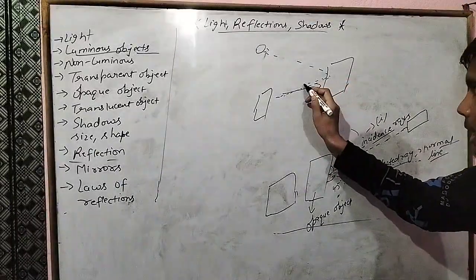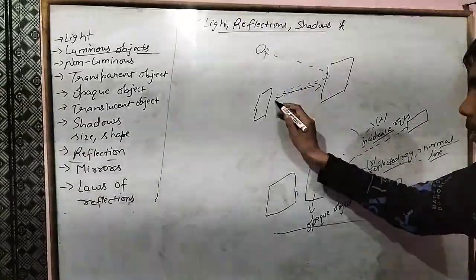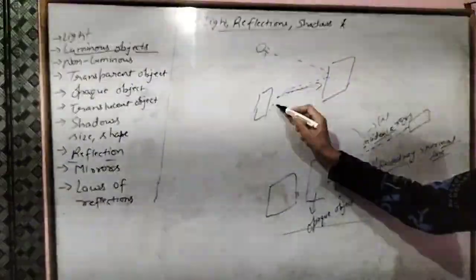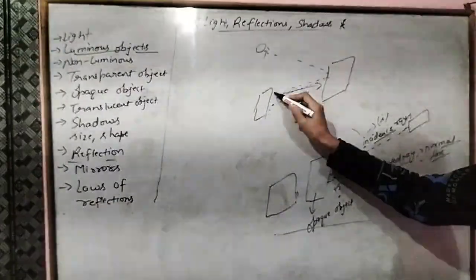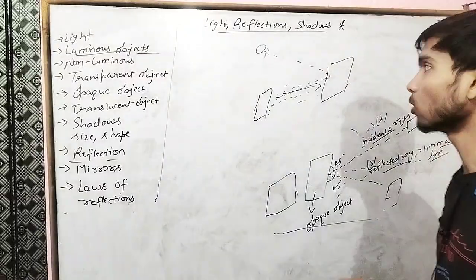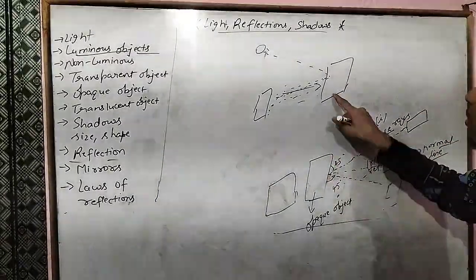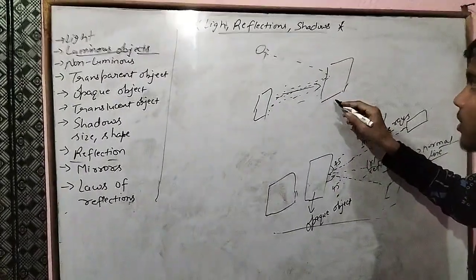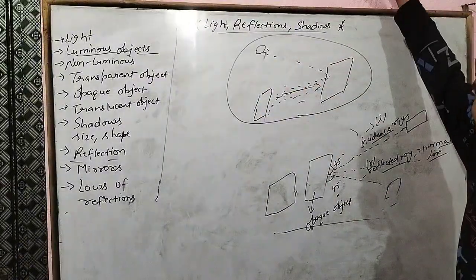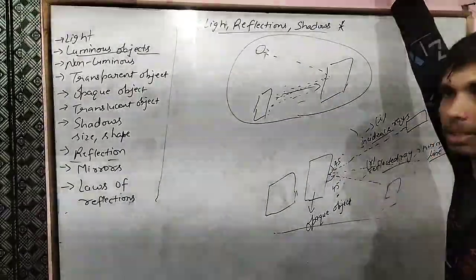This reflected light falls on our body, then it will turn into another direction like this. That's how our image is formed inside the mirror. This is how the reflection of an object is formed inside a mirror.